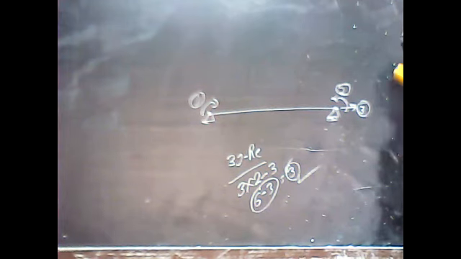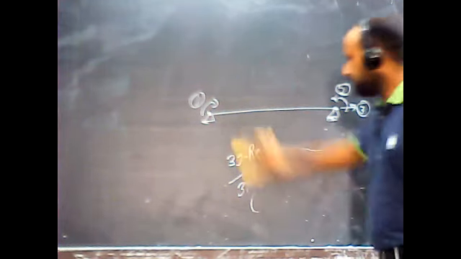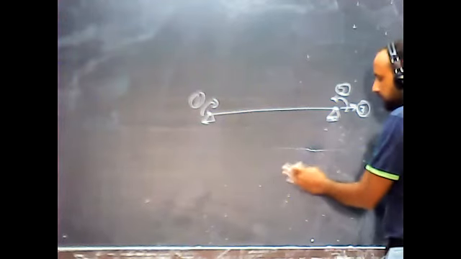Now one condition: if the beam is flexurally rigid, then how many degrees of freedom will reduce? 2.